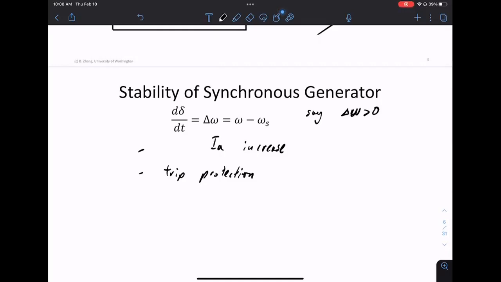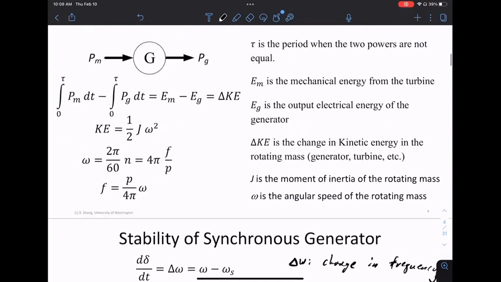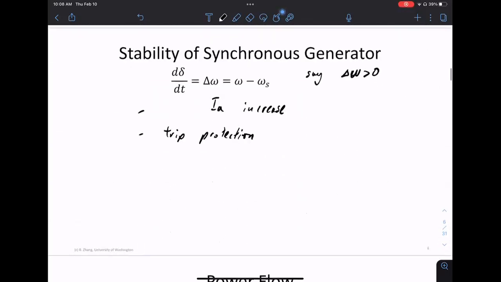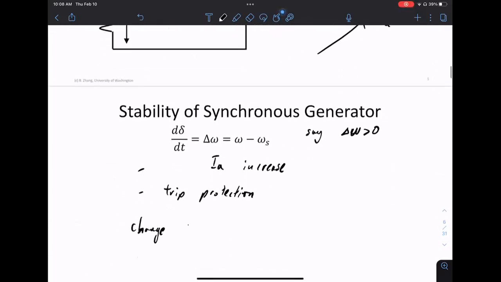And from this angle, how do you protect against this? Now you want to change how much power you're putting into the system. So your goal is to change PM to reduce it.